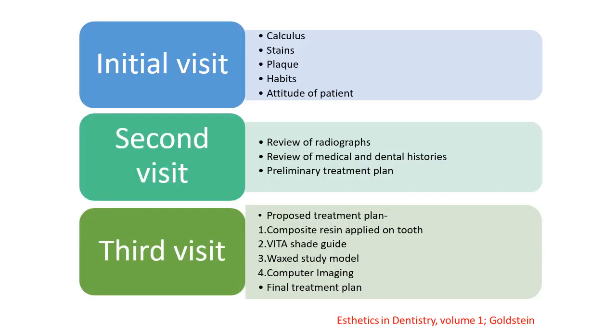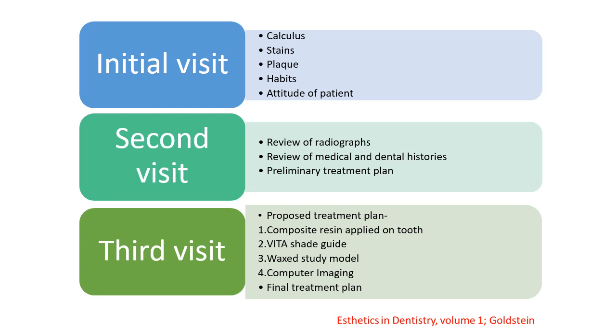So when a patient visits the dentist, what you need to keep in mind is that in the first visit you determine the amount of calculus, stains, plaque, habits, and the attitude of the patient. In your second visit, you review all your radiographs, review the medical and dental history, and explain the preliminary treatment plan to the patient.